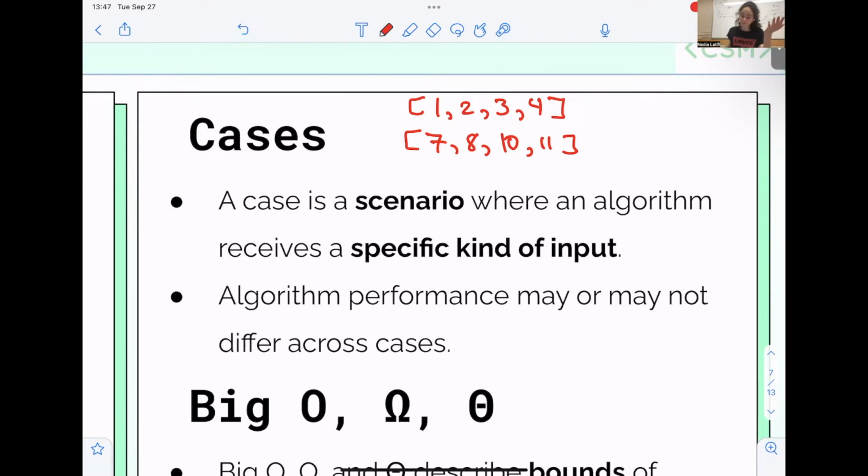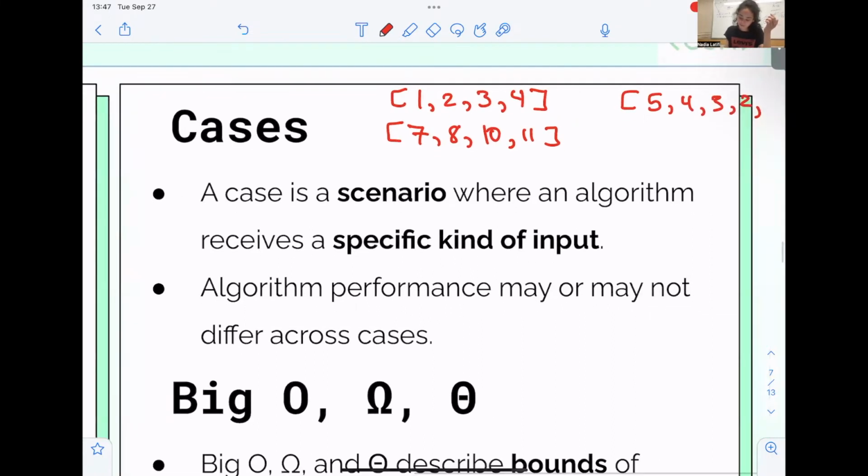The worst case would be where I have everything in descending order or something, right? And so then I have to change the position of every single item in the list. Now, the point of this is that a case is defined by the type of input that's received, right? The structure, the contents, things like that, okay?